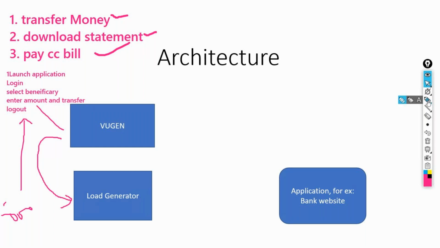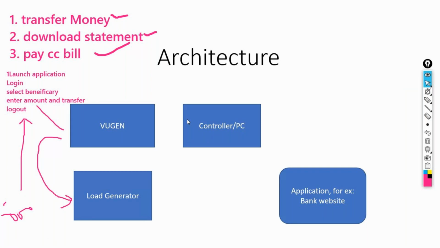Now, once you have the script ready, you need to have some component which will trigger the execution. You need to execute, then only you will come to know whether there is a performance issue or not. So there is a component called controller or performance center, or in fact the recent thing like LRE also.